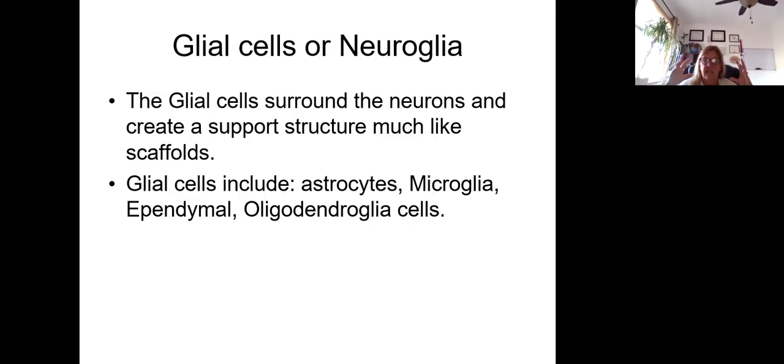They surround those neurons and create a sort of support structure, much like scaffolds that hold everything up. They are comprised of different types of cells. So glial cells, or neuroglia cells, aren't a specific type of cell, but rather a conglomeration of cells that include astrocytes, microglia, ependymal cells, and oligodendroglial cells.